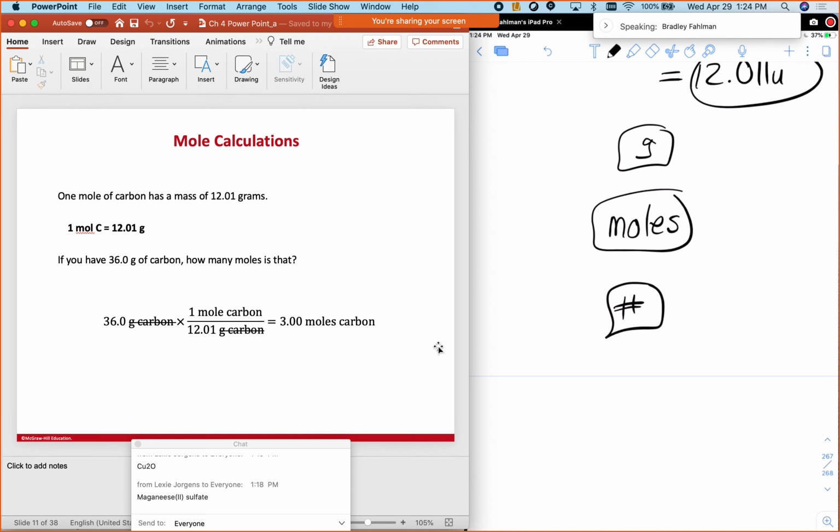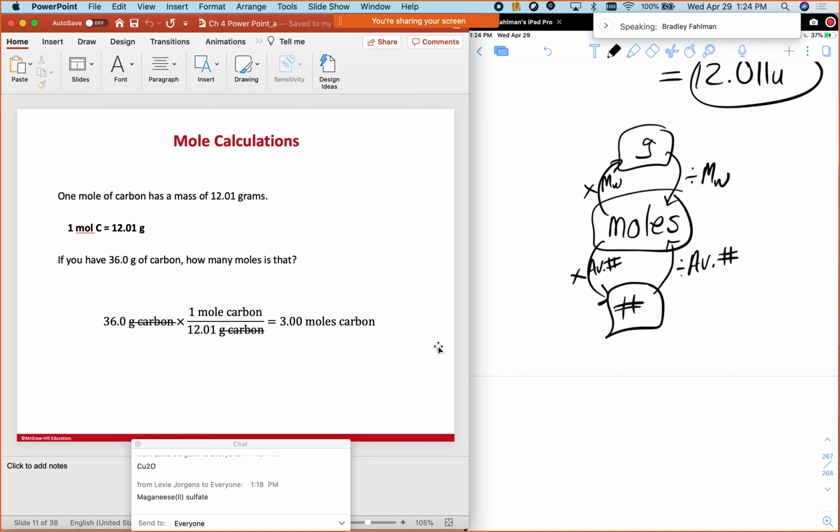If you have moles in the middle, if you're going away from moles to something else, you're multiplying. To get back, you're dividing. Going from moles to grams, that's times the molar mass or molecular weight. In this case, it's Avogadro's number.